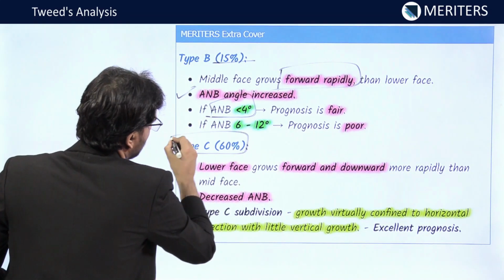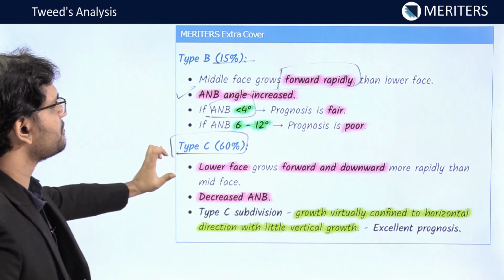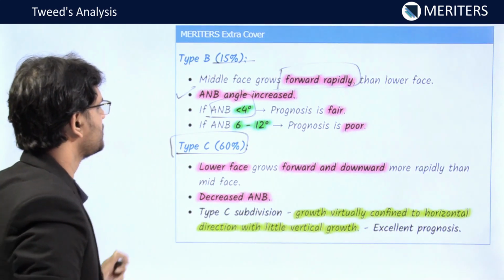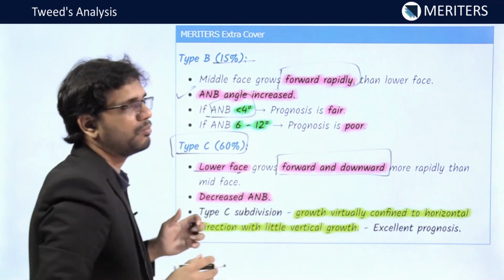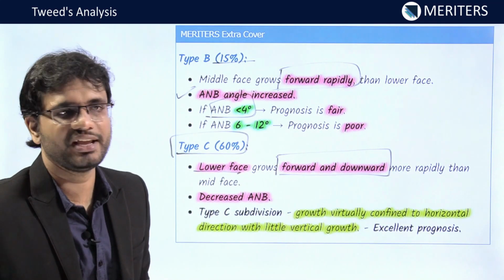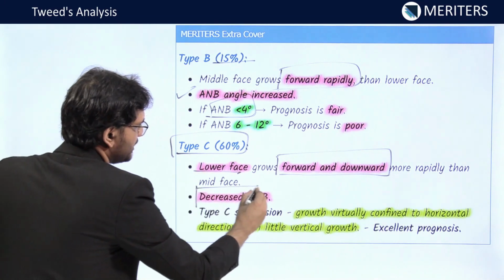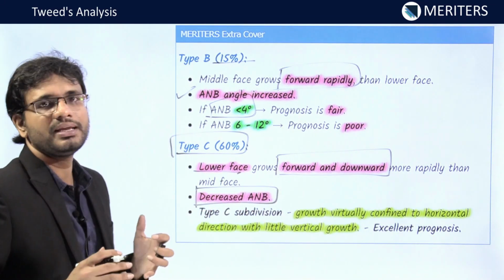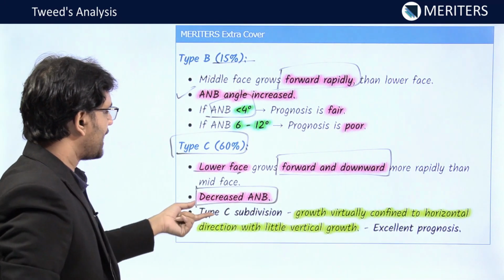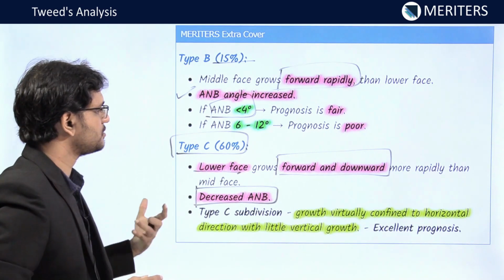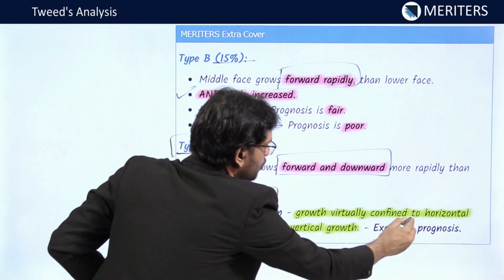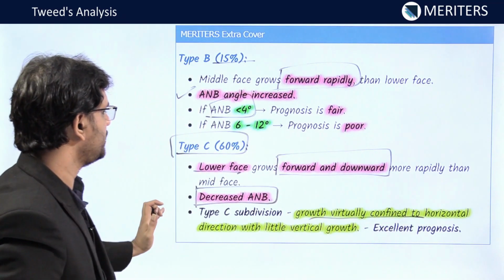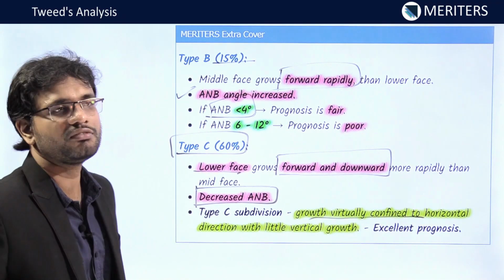Then we have type C, which is seen in the maximum number of cases, that is 60% of the cases, in which the lower face grows forward and downward more rapidly than the middle face. So in this you will be seeing a decreased A and B angle, right? Now there is a subdivision also for type C. In this particular, the growth is confined to the horizontal direction with little vertical growth.